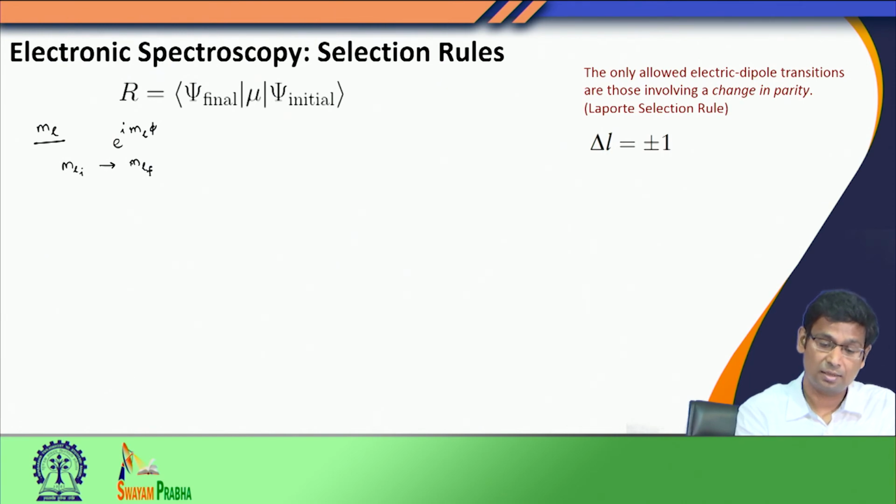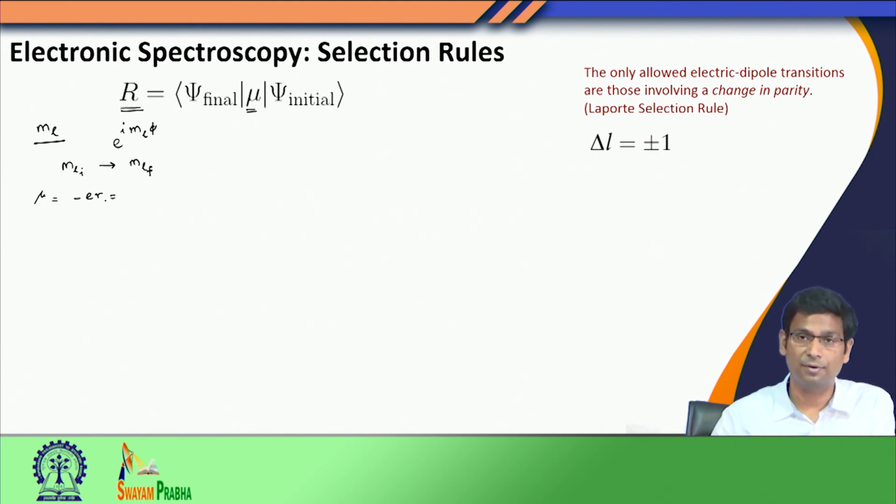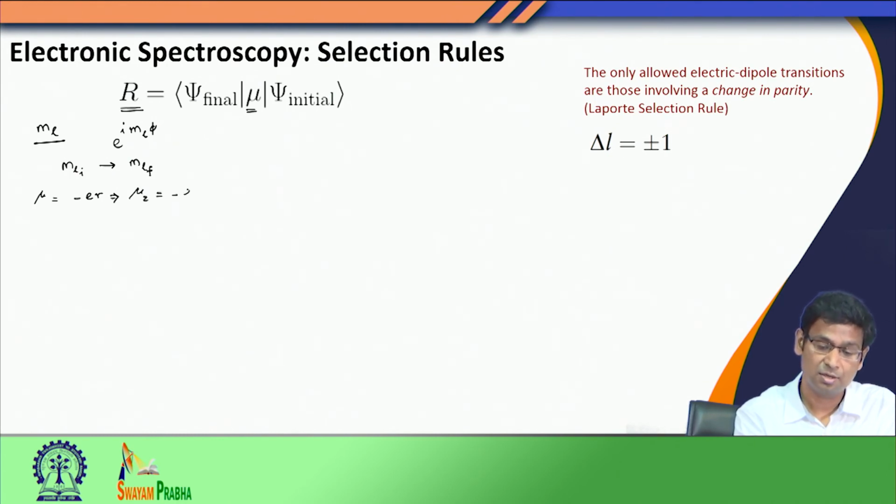We have to find out the transition dipole moment value, and just before that I must know what mu is. Mu is minus e r, and suppose for the time being I am using z polarized light. So, I am considering mu z as minus e z, which is e r cosine theta. Theta and phi are the usual definitions that we introduced in the spherical coordinate system.